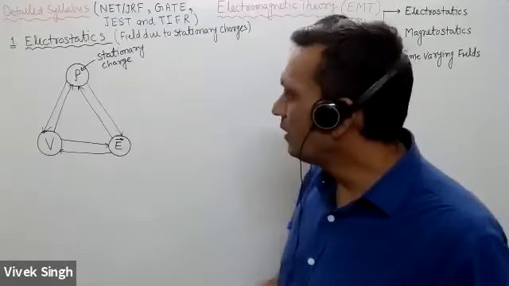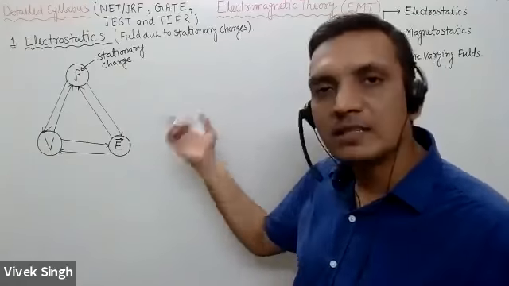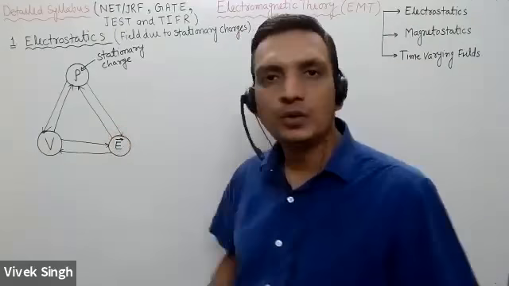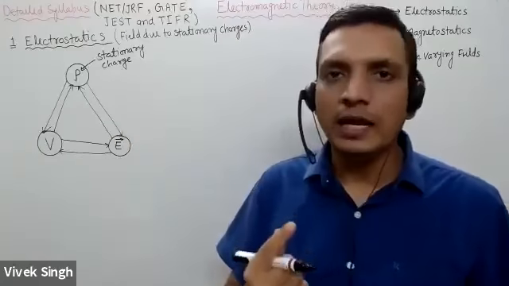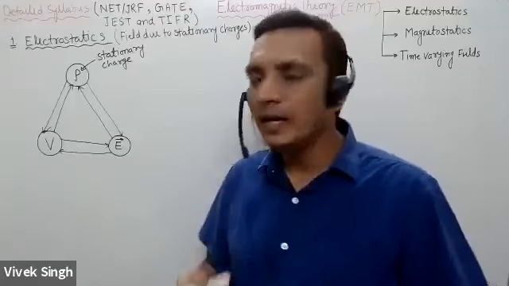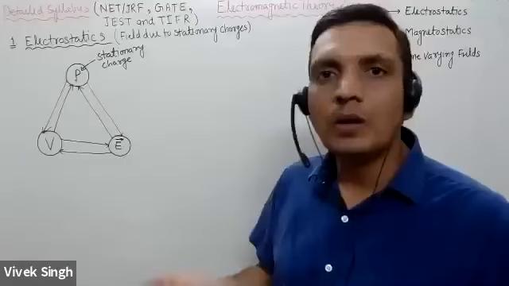So how to relate these parameters? First, we have to see when stationary charge is given, how to find electric field. So that will be our first topic of electrostatics. You all know we use Coulomb's law.